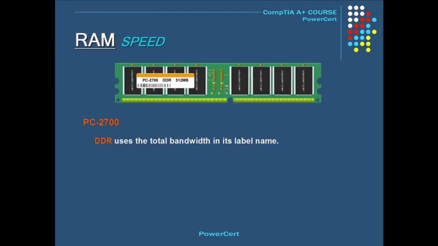The clock speed for PC2700 is 333 megahertz. So 333 megahertz times 8 bytes is rounded off to 2700 megabytes per second, which is where we get the name PC2700.